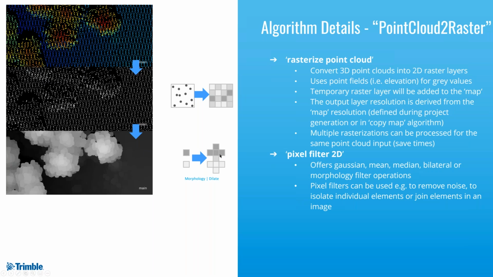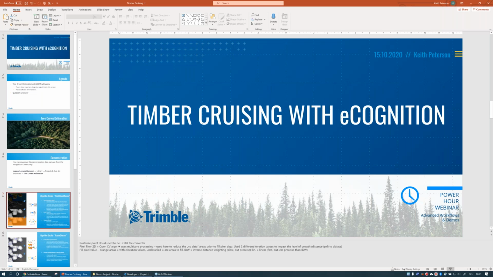So by going in, we can grow into these no data areas and start filling those with values. Okay. In addition, you can use this algorithm typically to remove noise from certain image elements.